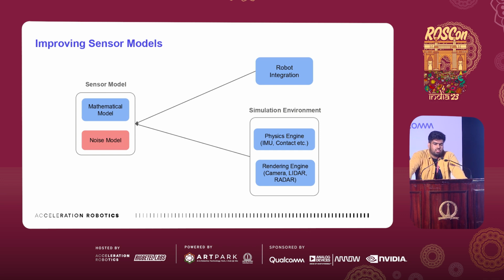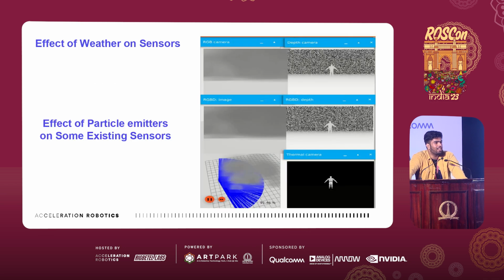So let's talk about noise here, because I'm a little short on time right now. Let's see how the particle emitter has effects on these sensors. In the depth camera, it shows a slightly blurry image, and your algorithm needs to optimize for that.